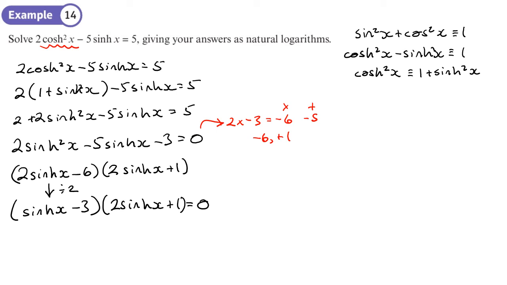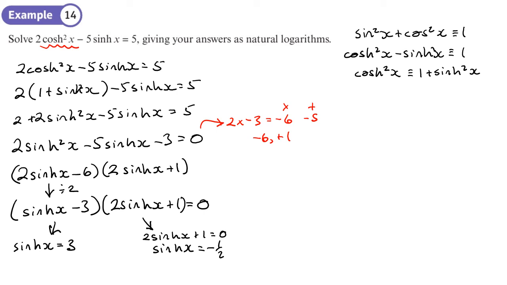So what do I get from this bracket here? Well, I'm going to get sinh x equals 3, and from this bracket 2 sinh x plus 1 equals 0, which means that sinh x equals negative a half, again like the previous one.